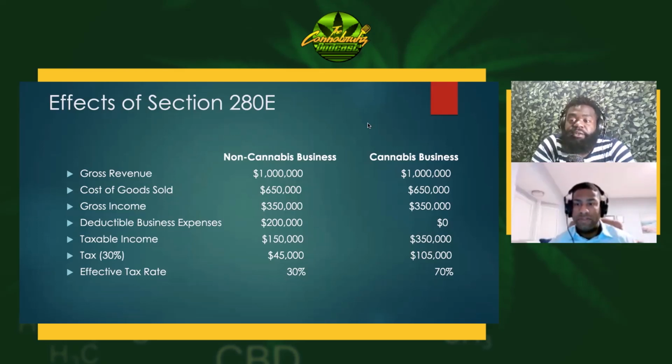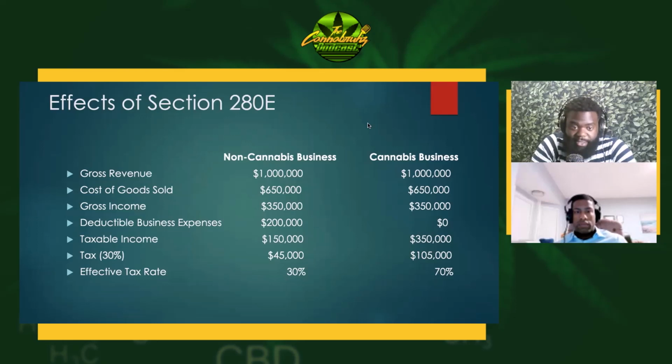Now the difference is, with my cannabis business being taxed on the full $350,000, I'm paying a whopping $105,000 in tax once it's all said and done, at an effective tax rate of 70%.